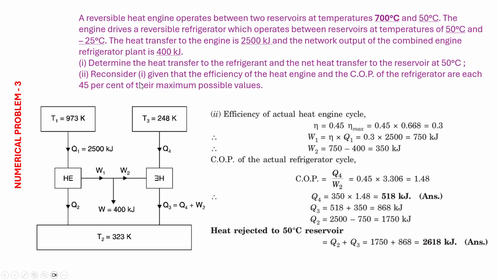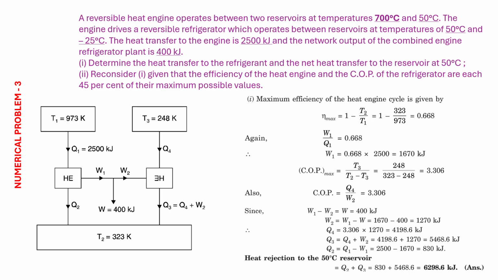Then comes the second case identification. By reconsidering point 1, now we are in a situation to calculate the efficiency of the heat engine and COP of the refrigerator for the maximum possible values. Now we are going to equate the computed efficiency from the previous endeavor.